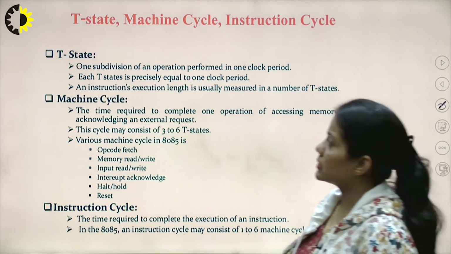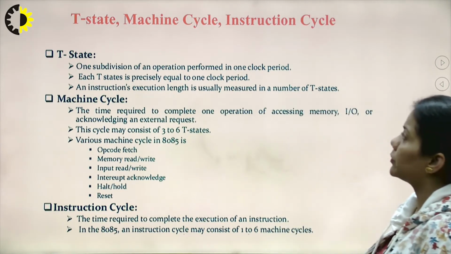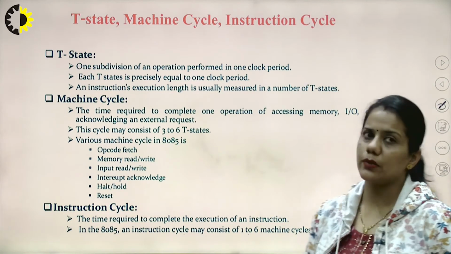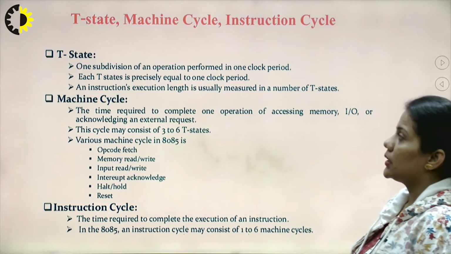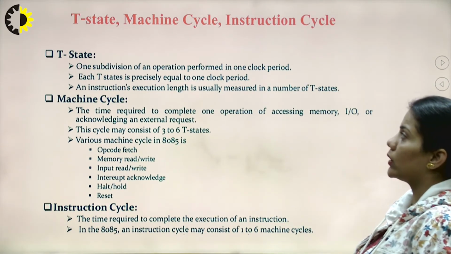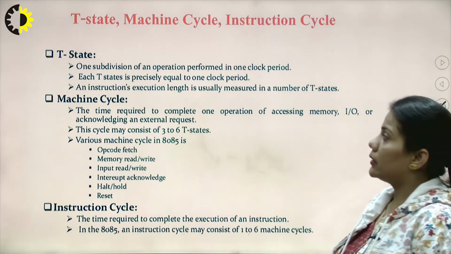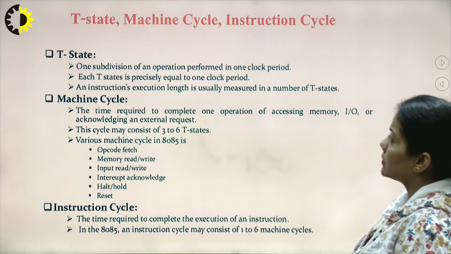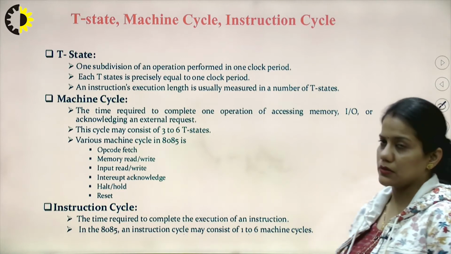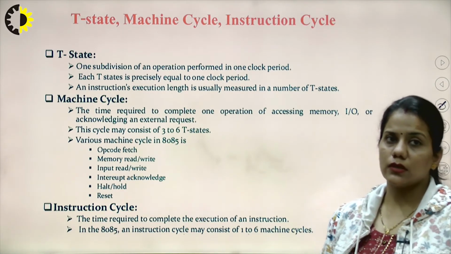Now T states. One subdivision of an operation performed in one clock period is termed a T state. Each T state is precisely equal to one clock period, and instruction execution length is usually measured in the number of T states. What do you understand by machine cycle?